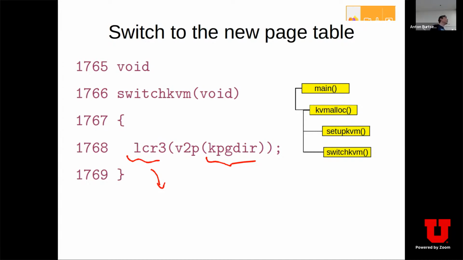This reload of the CR3 register actually flushes all the TLB entries by default, all of them, which means that you invalidate all the previous translation entries and start running clean on a new one, right? So it's an expensive operation because the hardware will flush the TLB cache. Every time you reload the CR3, you pay the price.